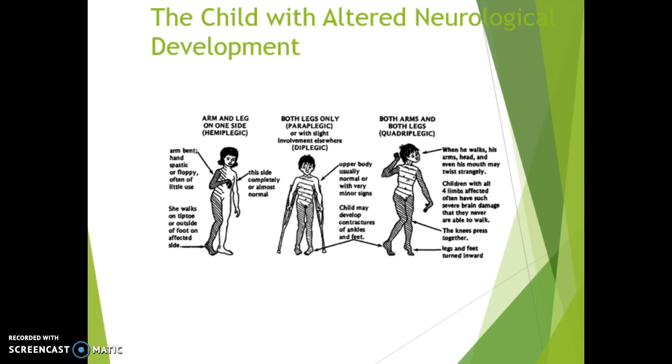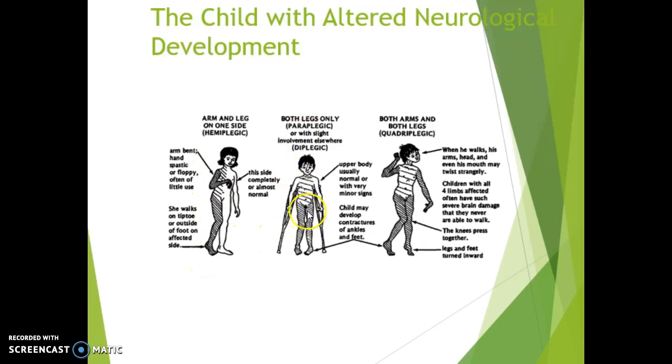You can see here, this is a really good slide that really just explains hemiplegia, paraplegia, diplegia, quadriplegia. And this little slide can be used not only for pediatric information, but for adults as well. Hemiplegic means one side of the body is affected.